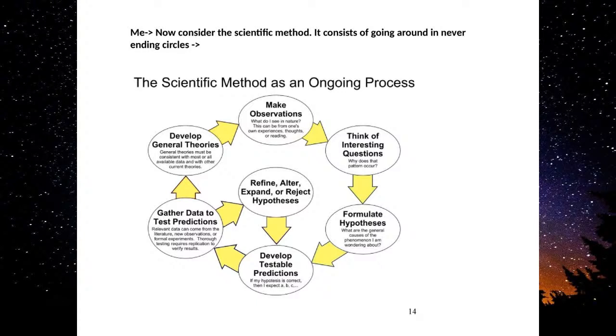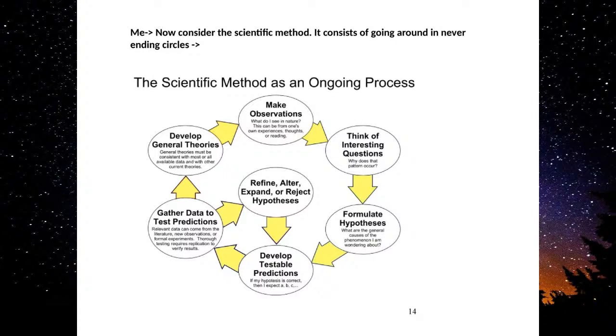Next one is the scientific method as an ongoing process, and we know it's all about going around in a circle. So the top one is make observations, and you go down, following the arrow, to the next box, which is think of interesting questions, then down to the next box, formulate hypothesis, and then on to the next box, develop testable predictions, then on to the next box, gather data to test predictions, and then you've got a choice of directions.